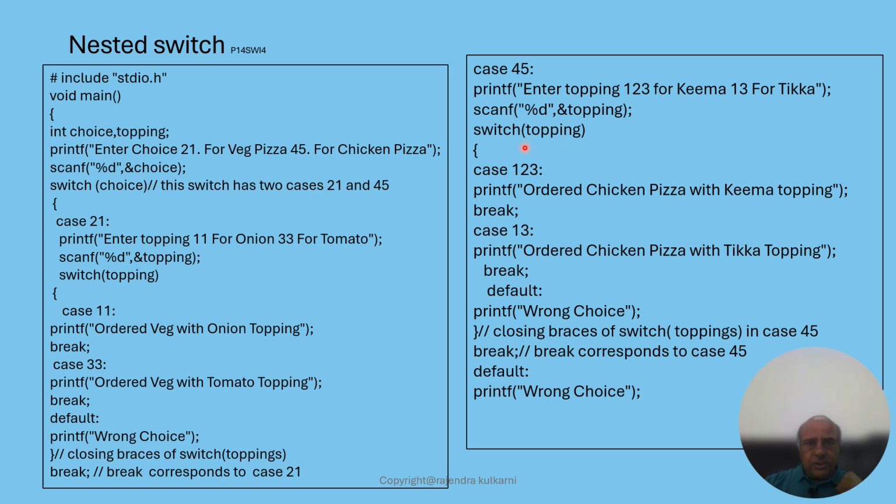This is another switch which is getting nested into case 45. In this switch, case 123 ordered chicken pizza with keema topping, case 13 ordered chicken pizza with tikka topping, default is wrong choice. This is the closing brace for switch topping.